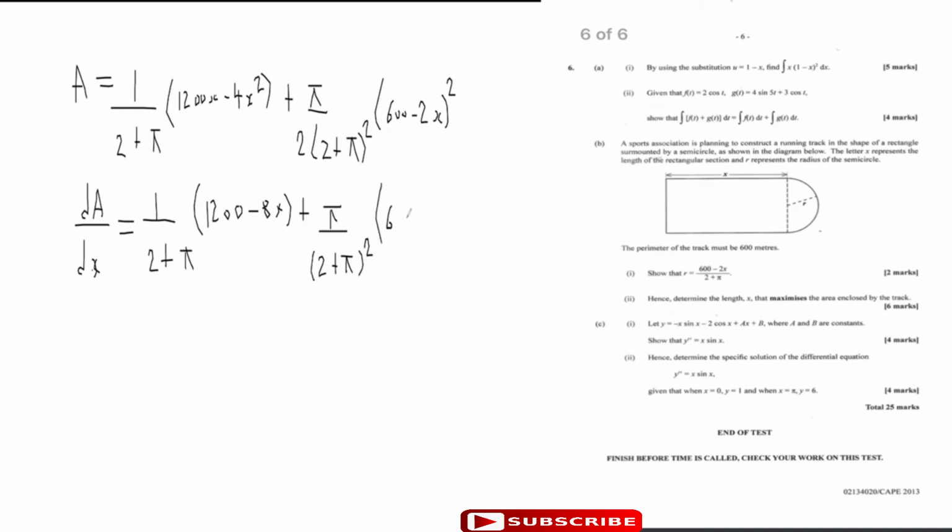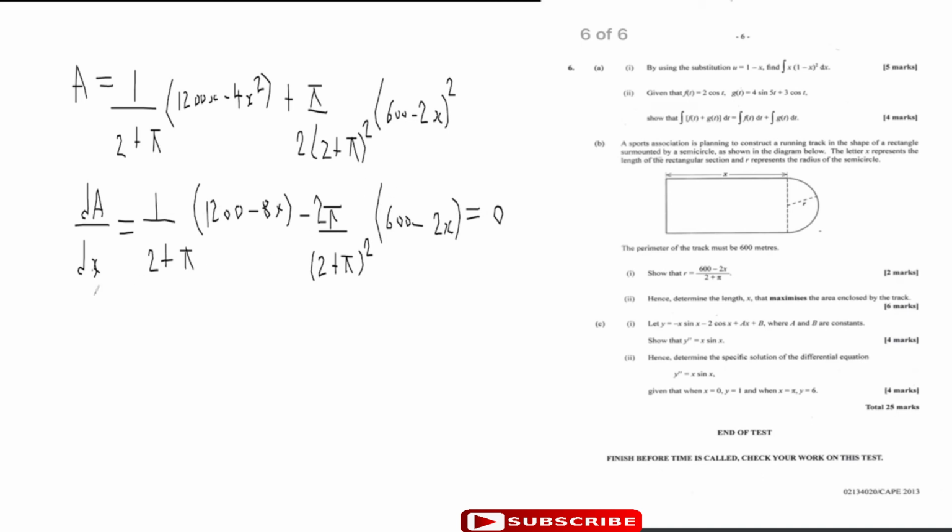Subtract 1 from the power to get 600 minus 2x times the differential inside the bracket, which is negative 2. Instead of doing that negative 2, on the outside, I'm going to rewrite this as minus 2 pi. And then for the area to be maximized, we set this equals 0. So now we need to solve this equation for x.